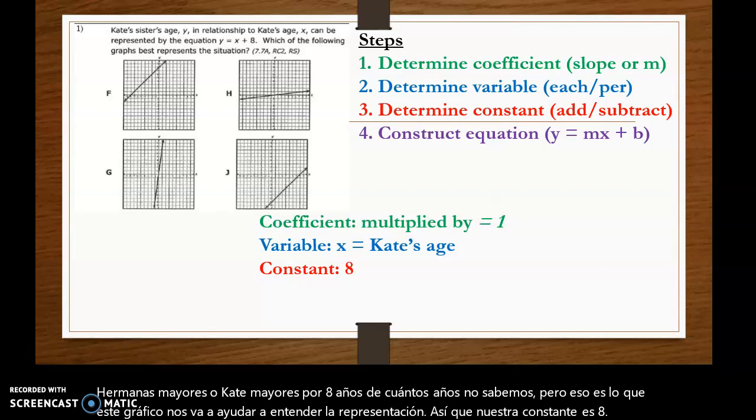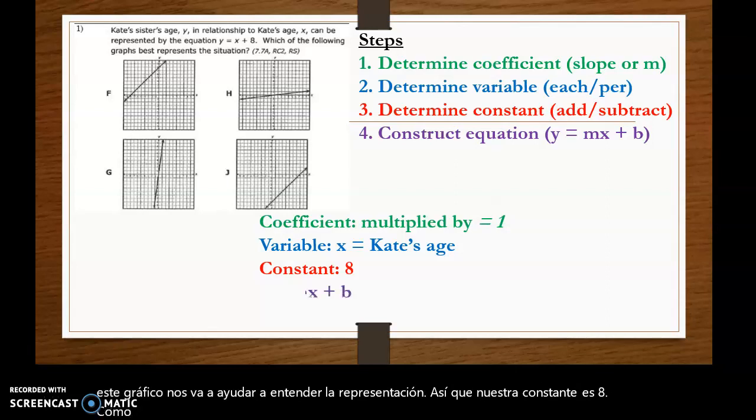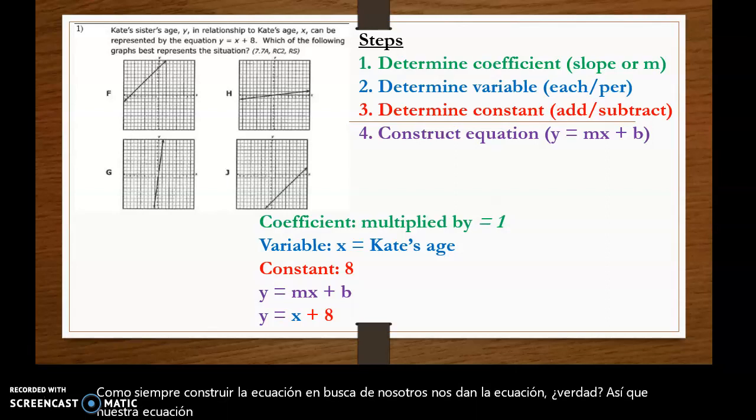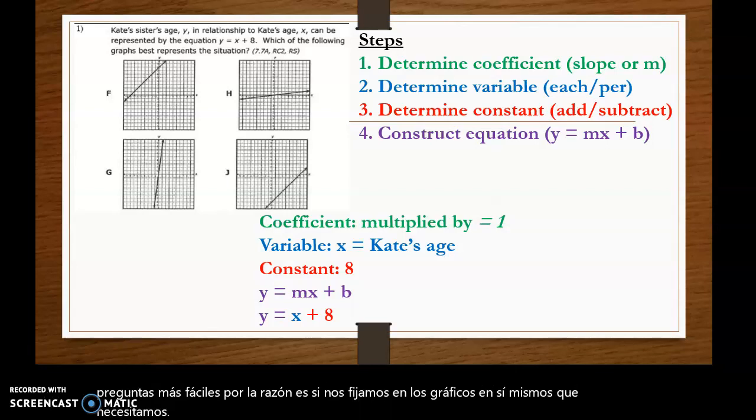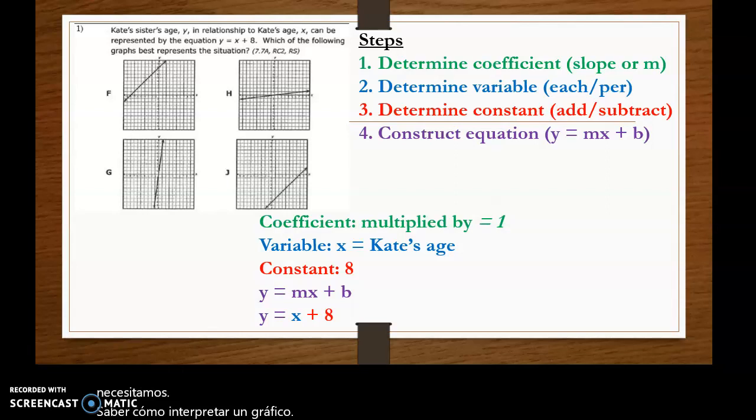As always, construct the equation. Lucky for us, they give us the equation, so our equation is y equals x plus 8. Now, this should be one of the easiest questions. Reason being, if we look at the graphs themselves, we need to know how to interpret a graph utilizing an equation.